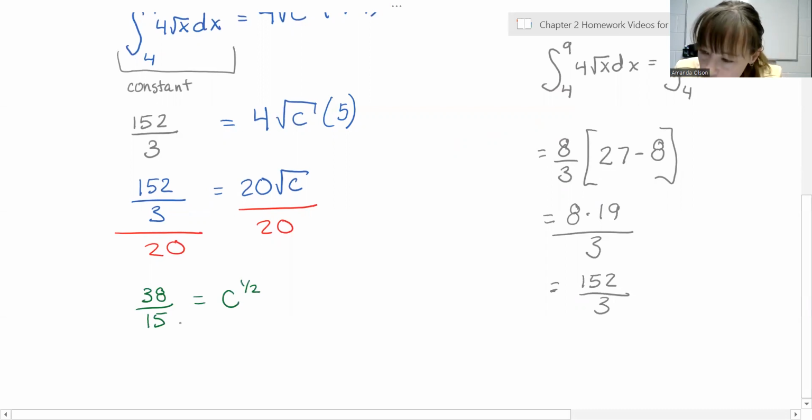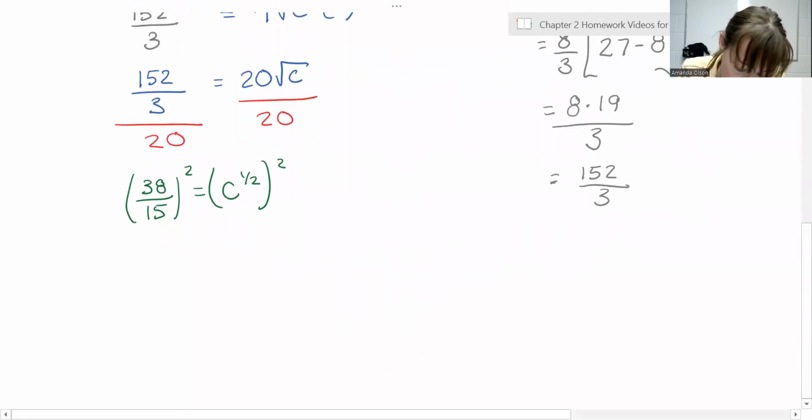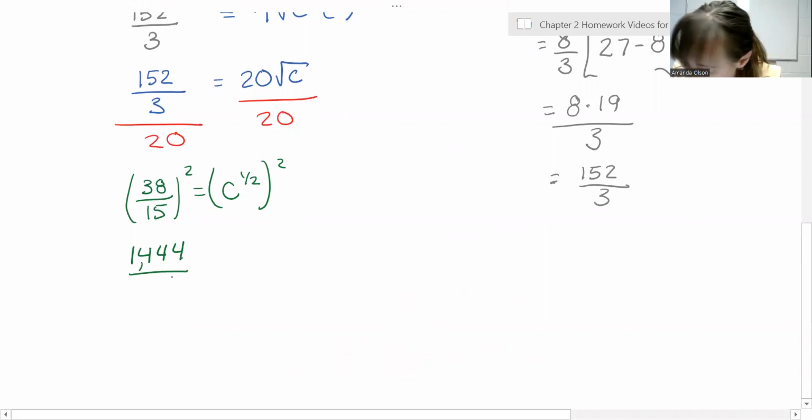And then we just square both sides. That's okay that it's not a perfect square, so we just square that, and we end up with 1,444 over 225. We can approximate that if we want to, but that's going to be our c value.